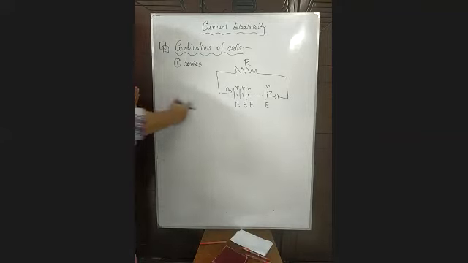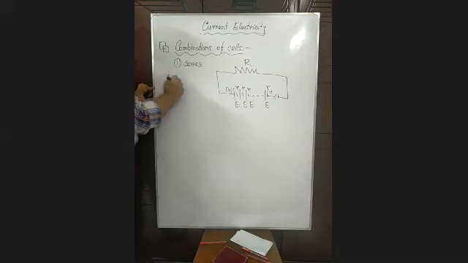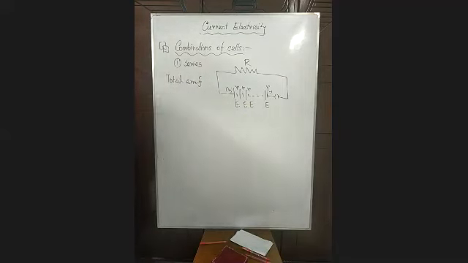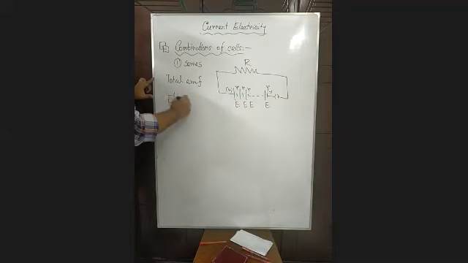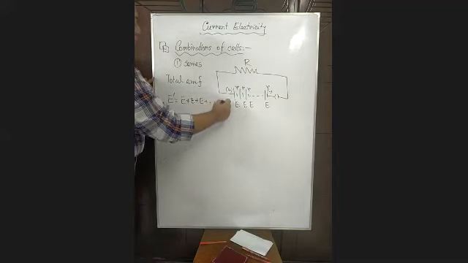When we combine n number of cells in series combination, what will be the total electromotive force, or total EMF? You can say EMF, the short one. Suppose the total EMF is E bar, as E plus E plus E plus, n number of cells.